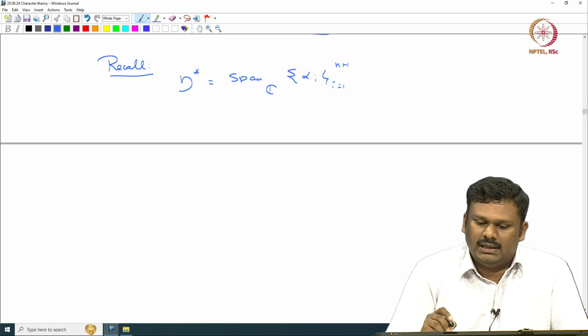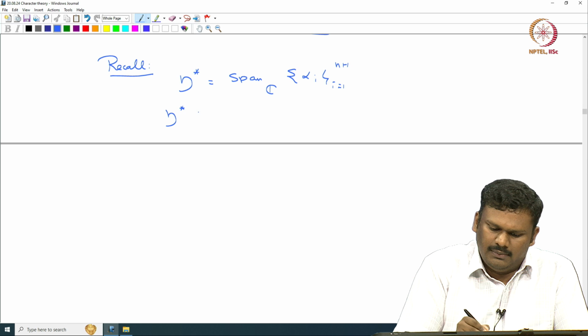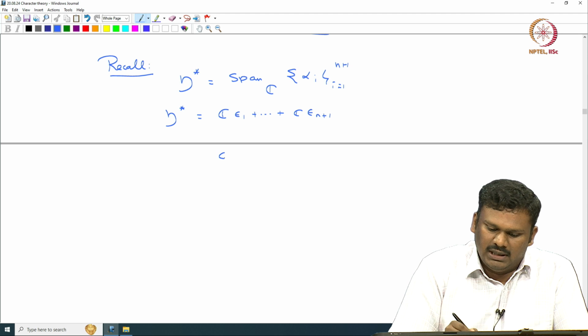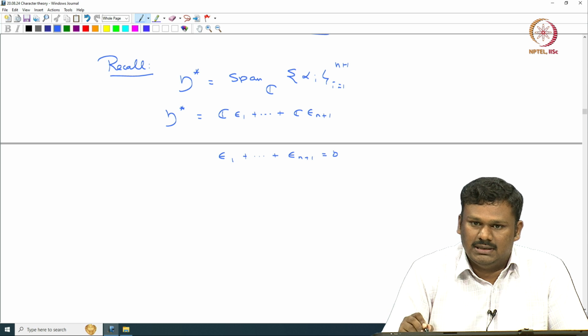If you want to write it in terms of the epsilon_i basis, this h star can be identified as C epsilon_1 plus etcetera plus C epsilon_(n+1), with the relation that epsilon_1 plus etcetera plus epsilon_(n+1) is 0. So this is how one can identify h star.